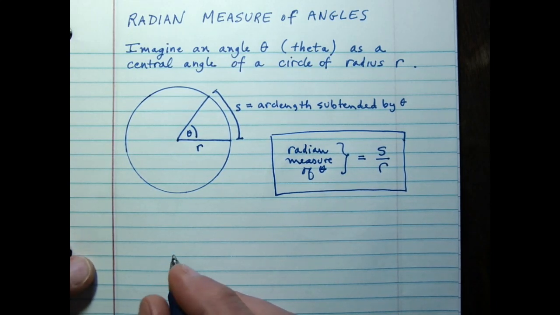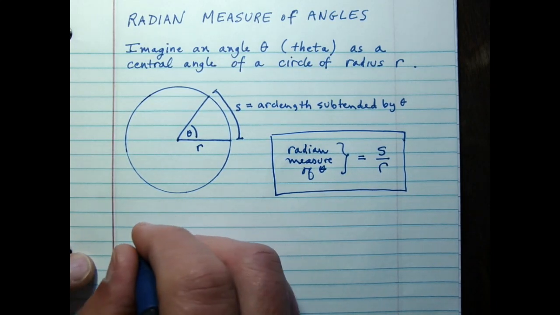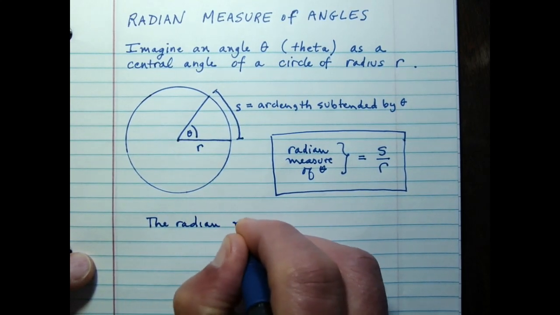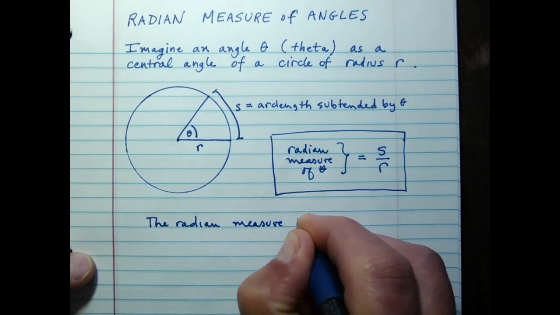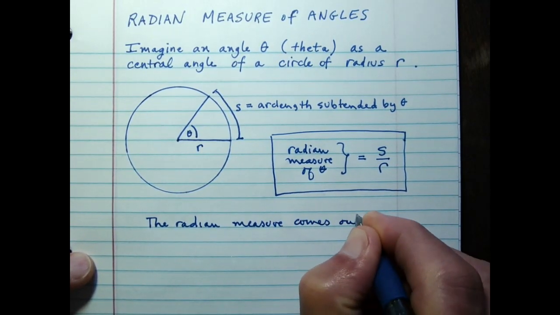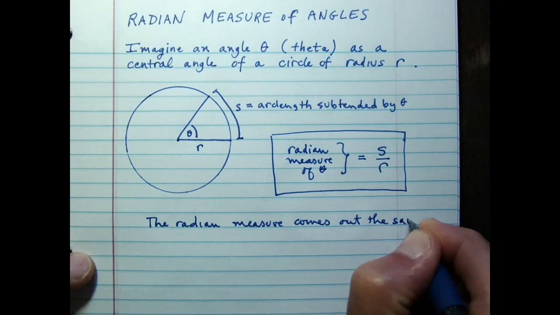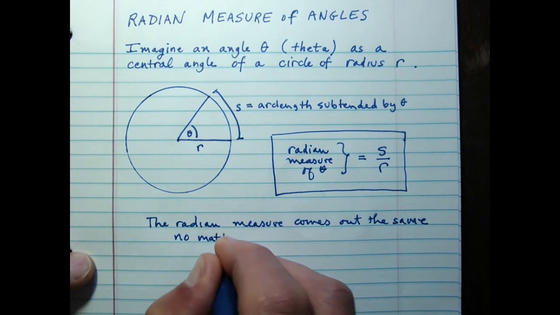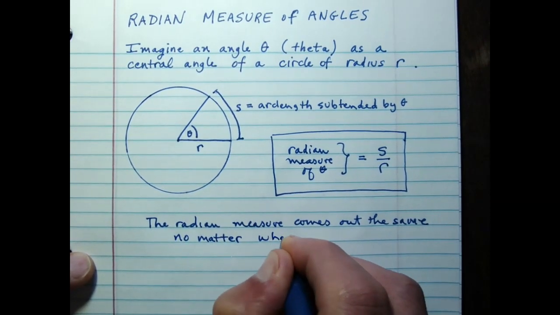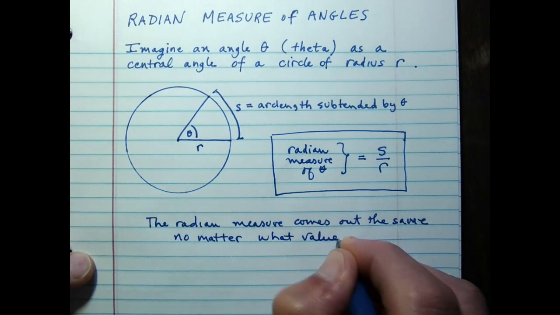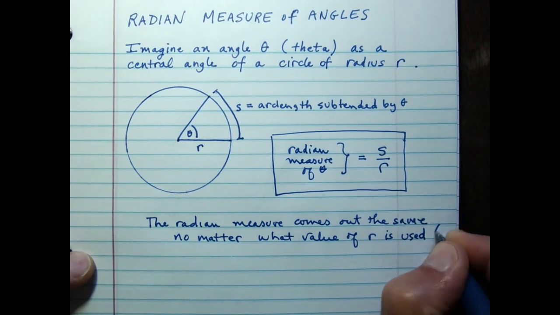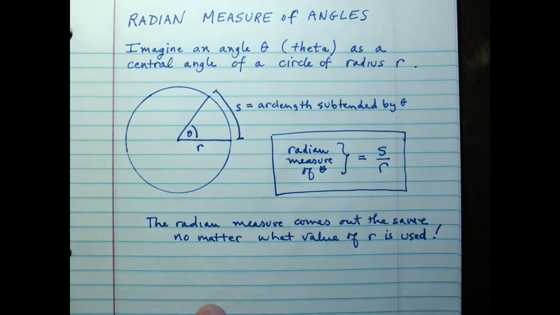And we're going to see that the radian measure comes out the same no matter what value of R is used. So we could choose different circles and the radian measure will still come out to be the same.